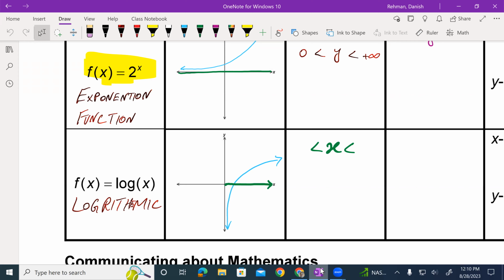The green color or this arrow is showing me the existence of the curve along the x-axis, but I can definitely see that it's not touching the y-axis at all. There is an empty circle, and that tells me for the domain side, it's never getting equal to 0. So it's greater than 0. X is greater than 0. That's what I will mention. And how far is it going to the right side?